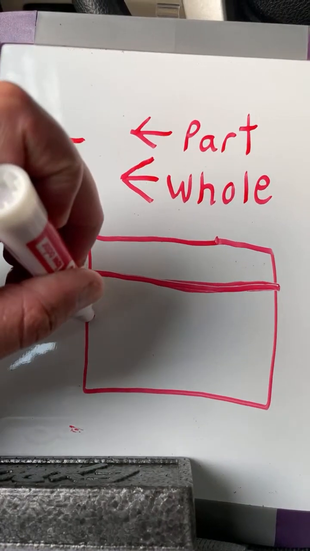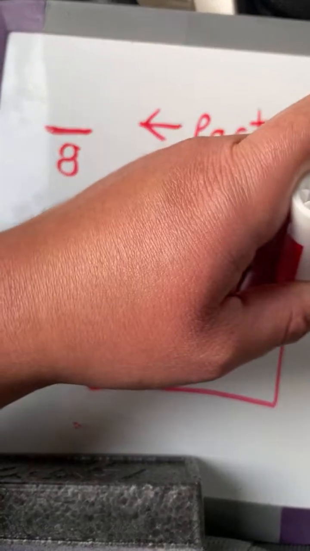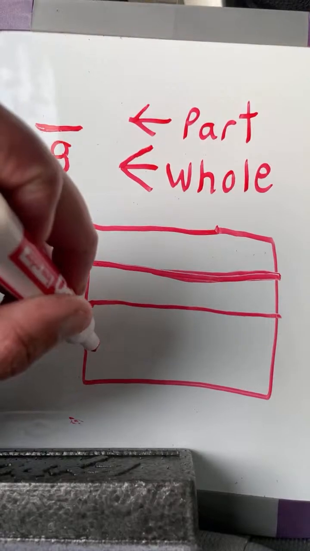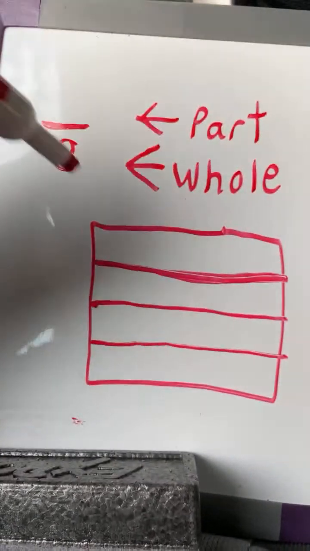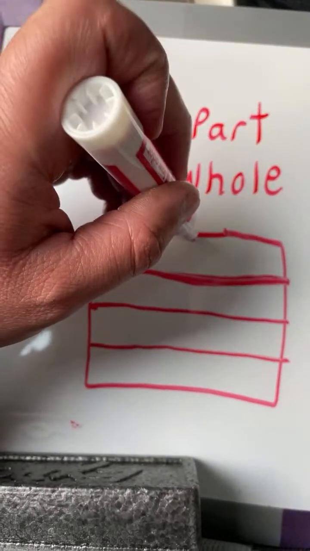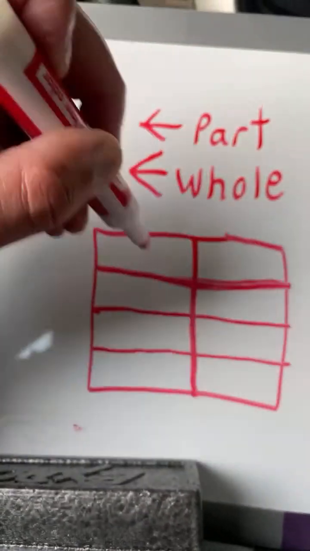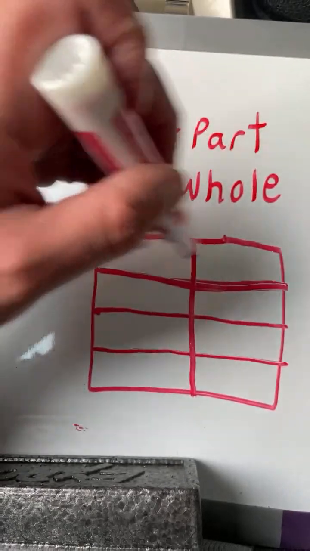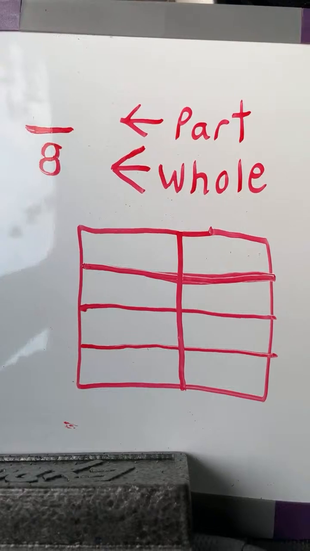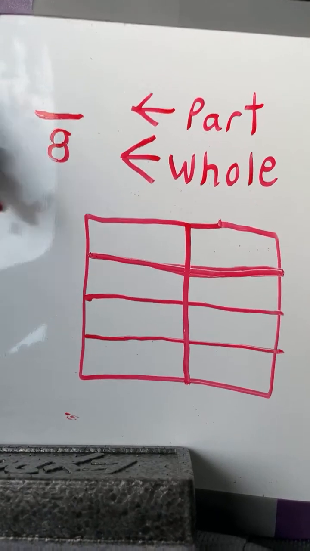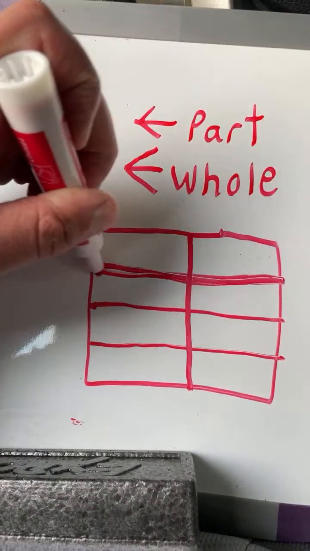Again, if it doesn't look exactly equal, my drawing's not that precise, but it's supposed to be about equal. I'm gonna try to make it as close to equal as possible. So 1, 2, 3, 4, 5, 6, 7, 8. So we have 8 total parts. Let me even this line out here.